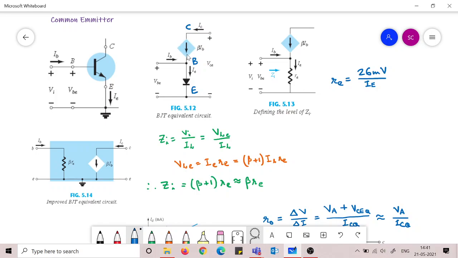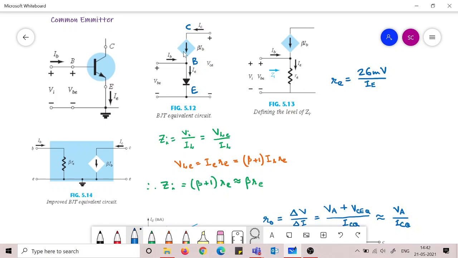It is a current source because we know the current here is fixed. It is fixed by IB. We are very sure about the current here, not sure about anything else, but we are sure about the current which is flowing in this branch. That current has to be beta times IB from the transistor behavior. This is the inherent transistor behavior.